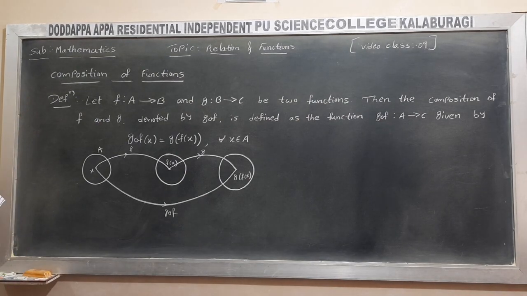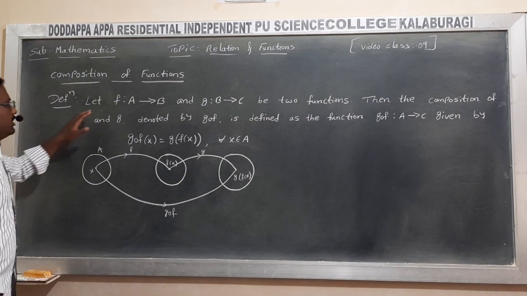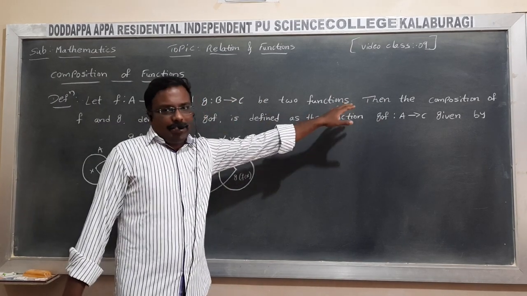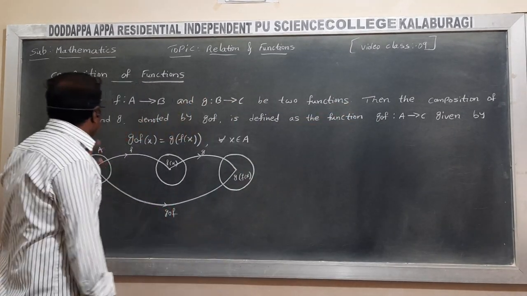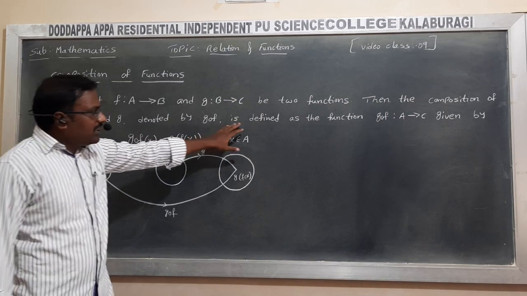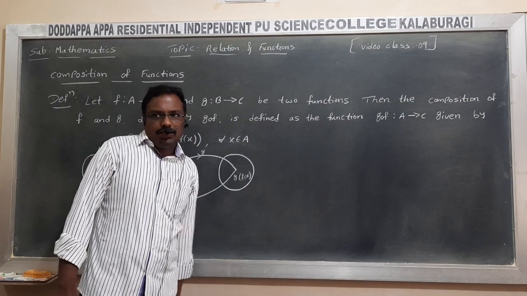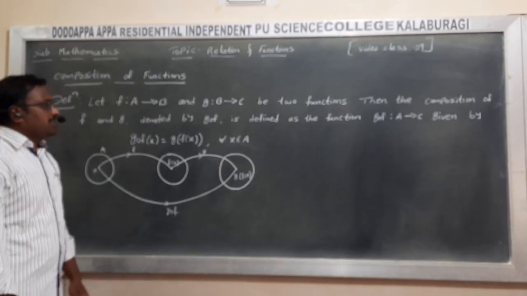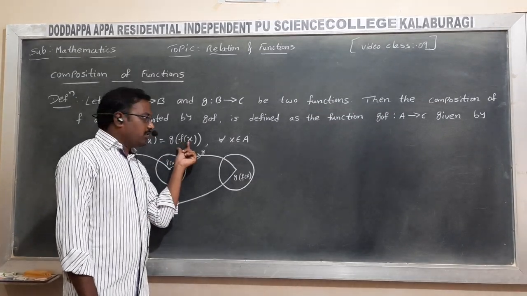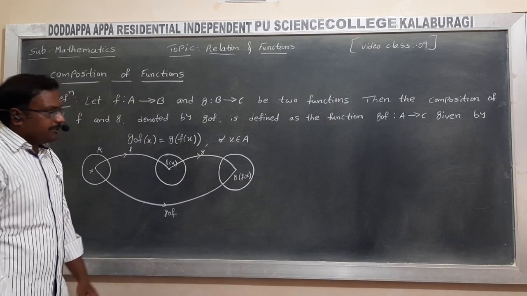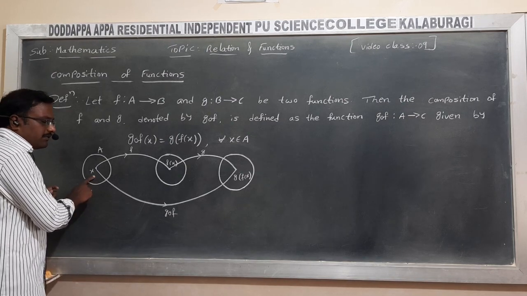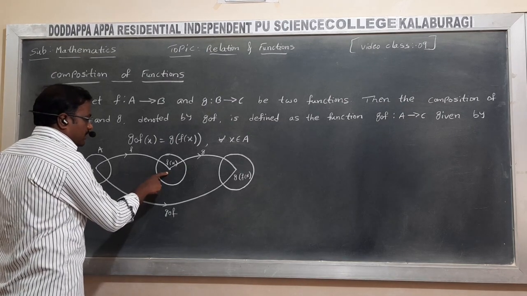Once again I will repeat the definition. Let f from A to B and g from B to C be two functions, then the composition of f and g, denoted by g naught f, is defined as the function g naught f from A to C given by g naught f of x is equal to g of f of x for all x belonging to A. So very simple, x is one function, f of x is another function.